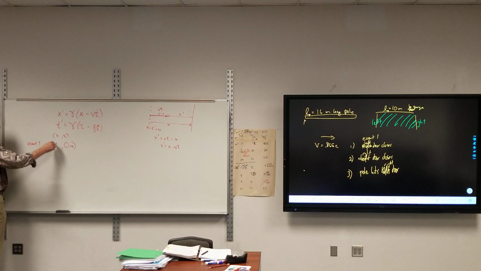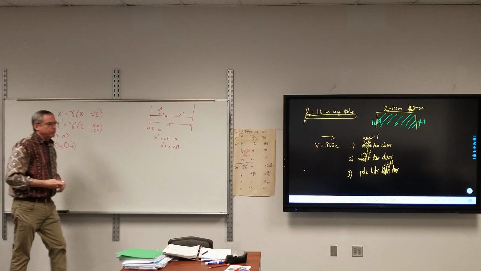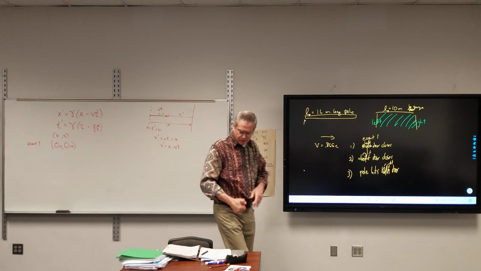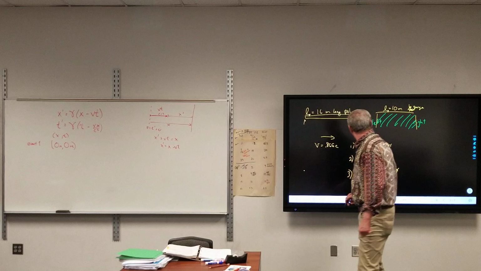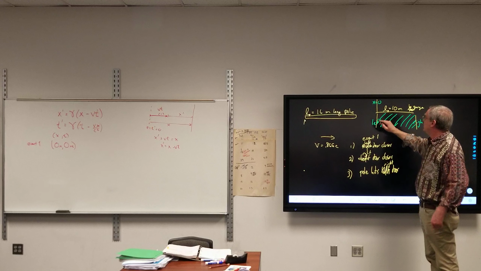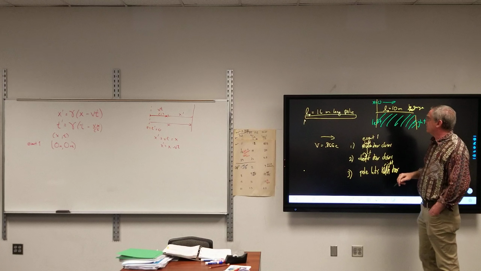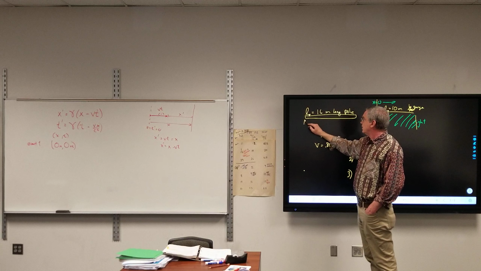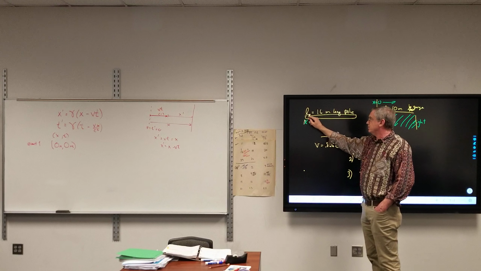And x is going to be, we'll make that our reference. So we're going to establish x equals 0 here. X is in that direction, and from the pole's point of view, x prime equals 0 at the left end.